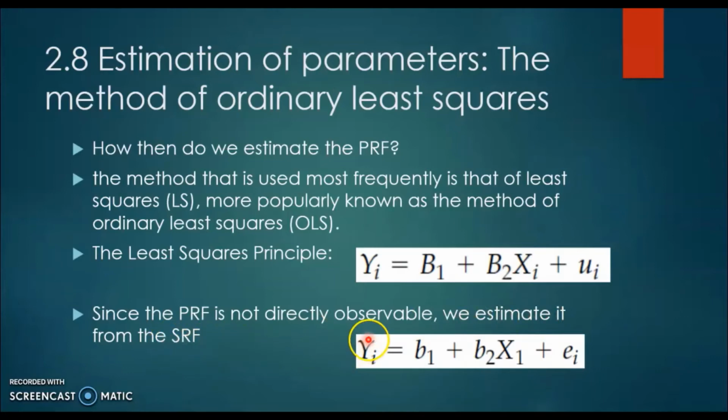So here we have the dependent variable yi that is equal to b1 plus b2 xi plus the residual ei. So b1 is an estimate of the parameter beta 1, while b2 is the estimate of the parameter beta 2.